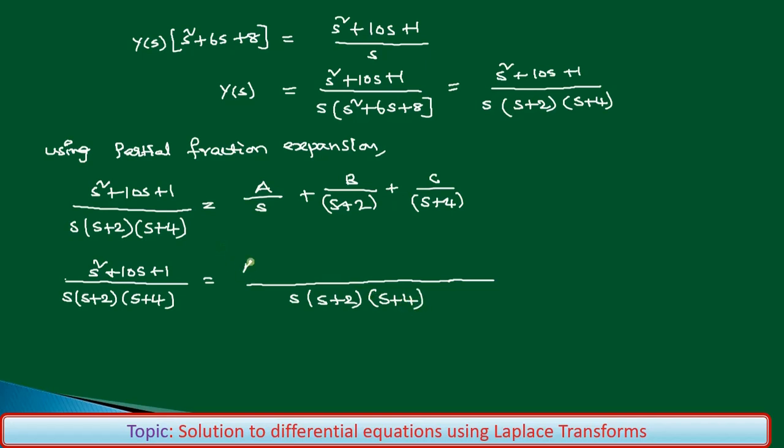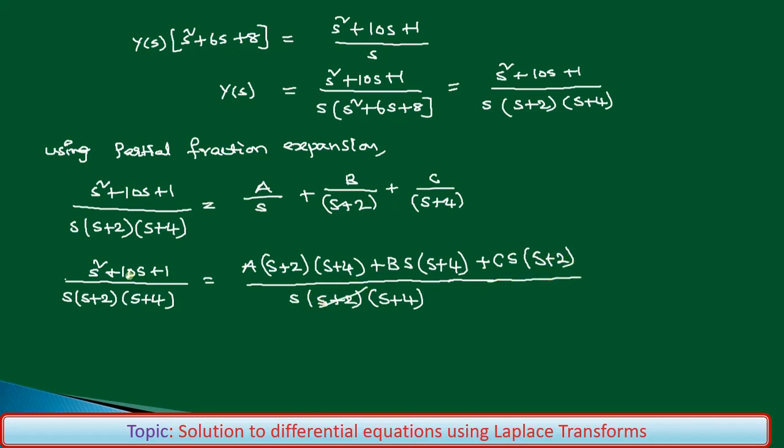So the numerator is A into (s + 2) into (s + 4) plus B into s into (s + 4) plus C into s into (s + 2).